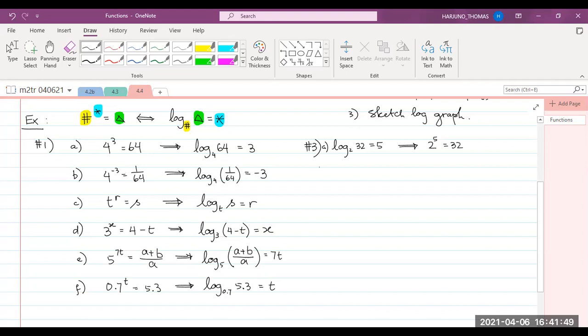Am I too fast? I hope not. Part B. Okay, let me slow down. Yeah, part B. Log base 3 of 1 over 243 equals -5.